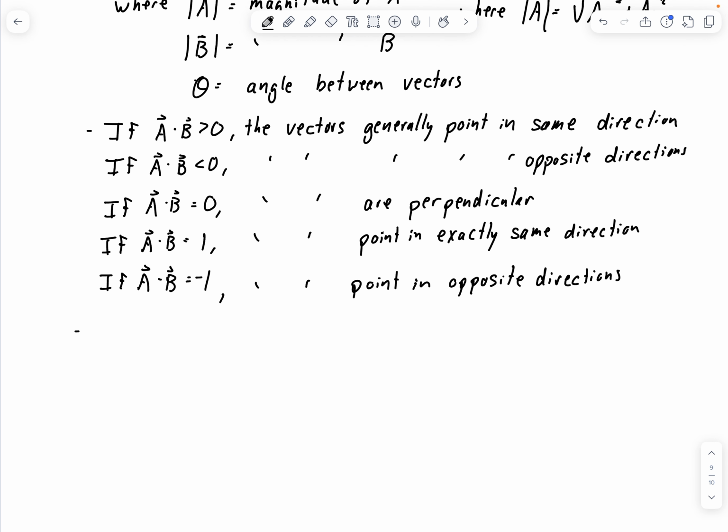One other very useful capability of the dot product is that we can also use that definition to find the angle between two vectors.